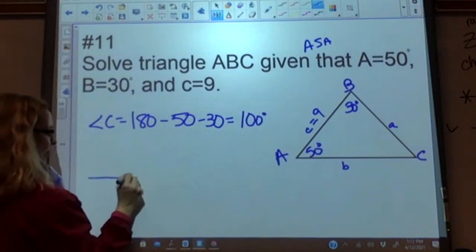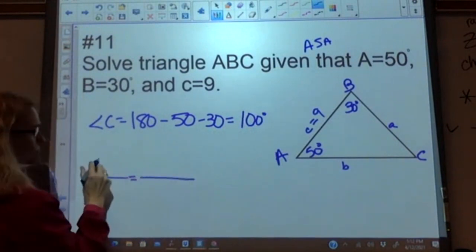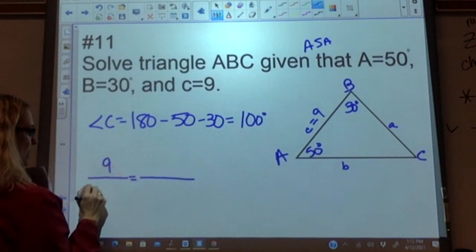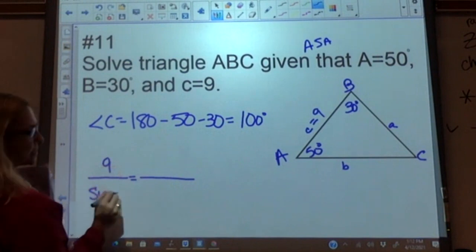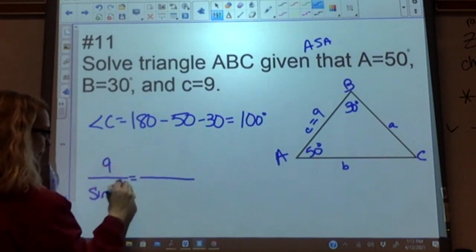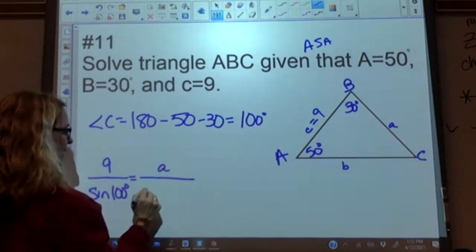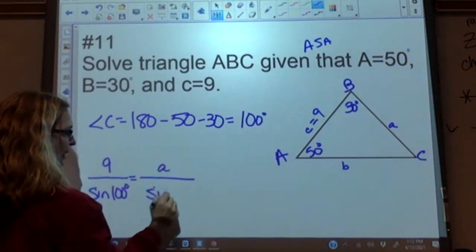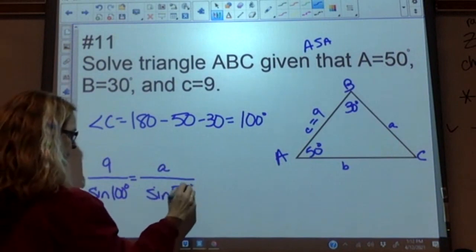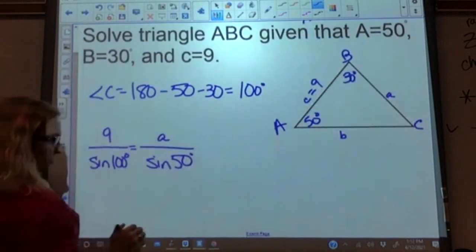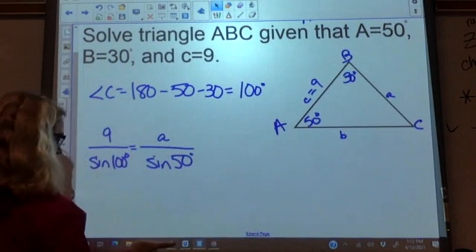And so now I set up my law of sines. So I have 9 over sine of C, which is 100 degrees, equals, and then I can find side A, this is over sine of 50. And so now I just cross multiply, so I get the calculator.